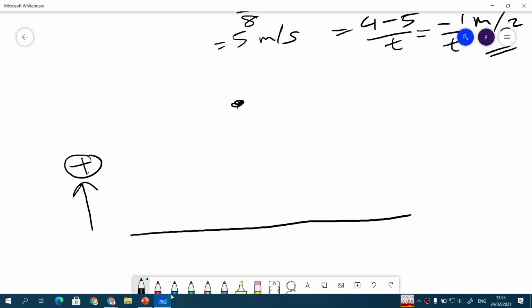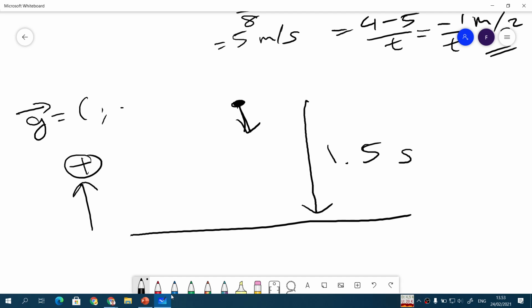Let's say this is the coconut falling down. It falls for 1.5 seconds. And let's use g equals negative 10 meters per second squared.